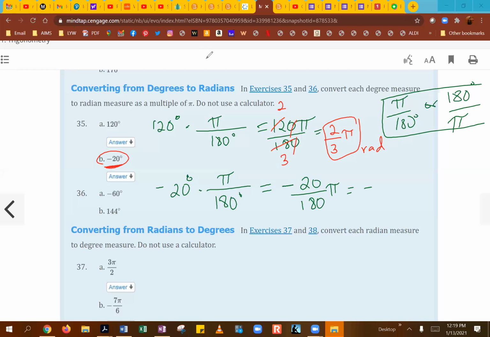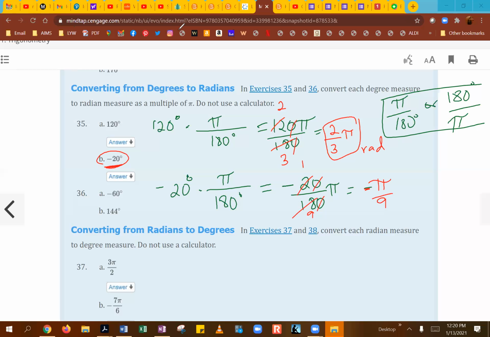Whatever 20 over 180 will reduce down to. So same thing, get rid of those zeros. 2 goes into 18 9 times, so 1 and 9, and you're good to go. So this guy will end up being negative pi over 9.